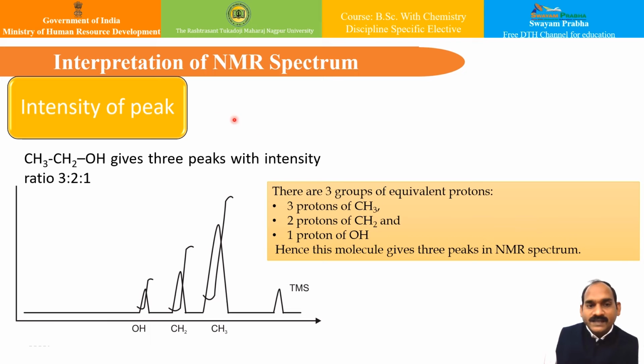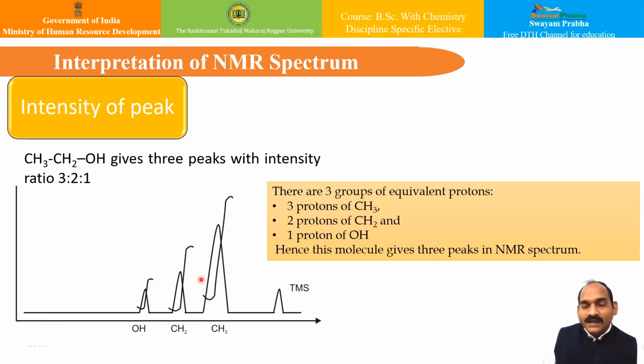Then the further case is intensity of peak, another important aspect by which we can analyze NMR spectra. In NMR spectroscopy, the intensity of a signal is the area under the peak, and it is very difficult to calculate the area, so the NMR spectrometer gives integration lines along these peaks.